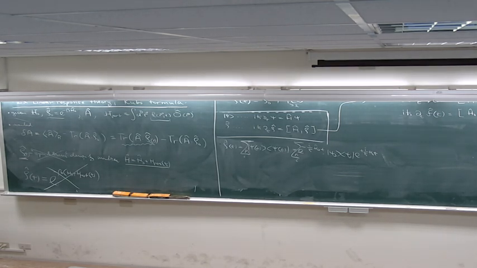Do you understand what I'm talking about? So this term is basically the term which is higher order in H. This is proportional to the H, but this is proportional to the H squared.